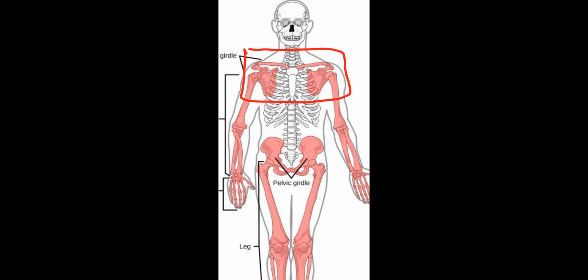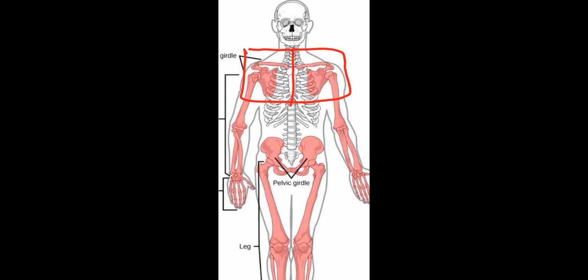Shoulder girdle. Second question. It is made up of two halves. In each half, how many bones are there? Galav, correct. Two halves, and each half has two bones.